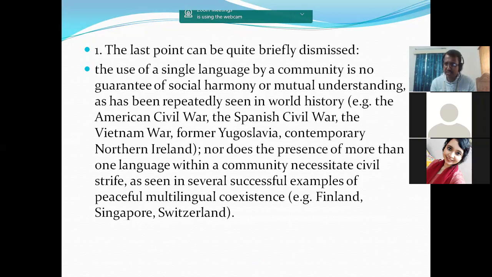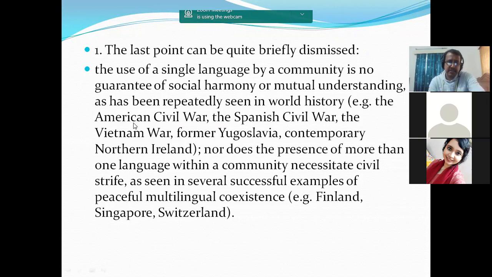But the writer of this book, David Crystal, points out that there is no guarantee of social harmony even if all the people speak English. For example, he says America is basically a monolingual country, in English, with 98% of people using English.